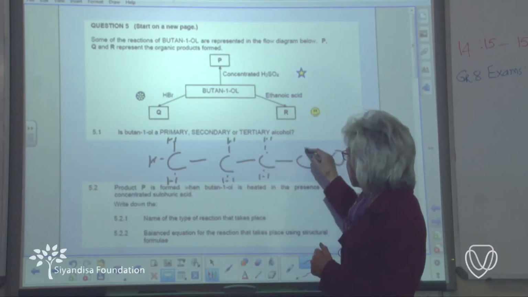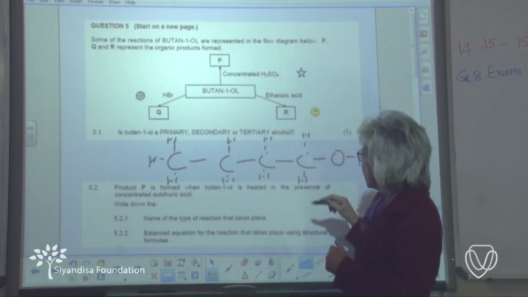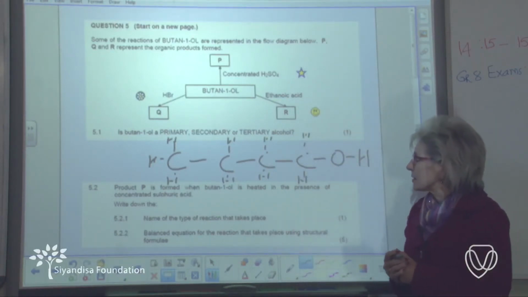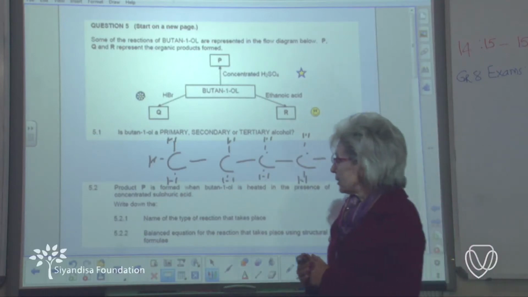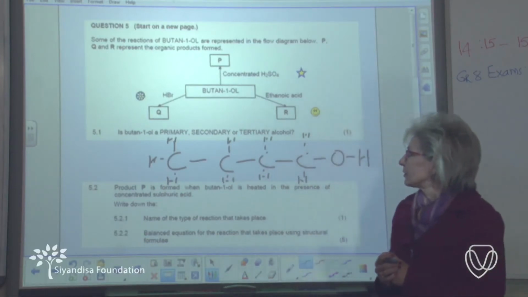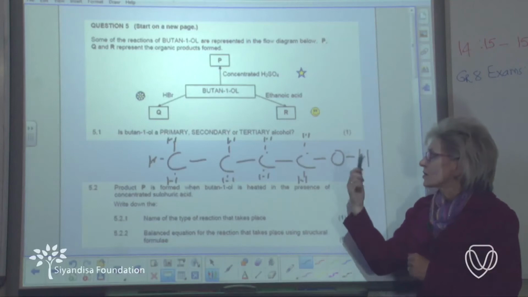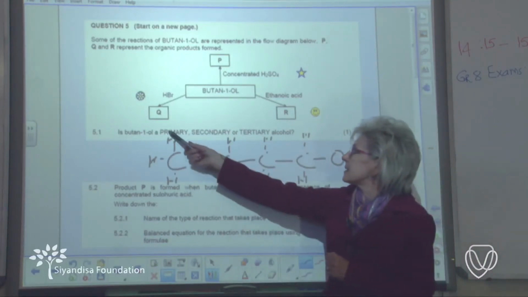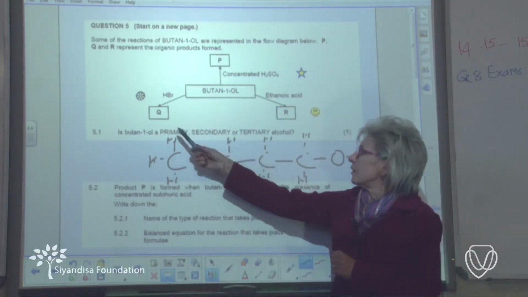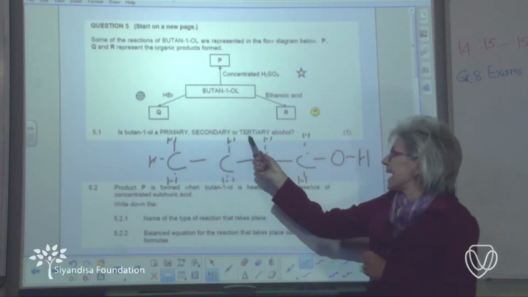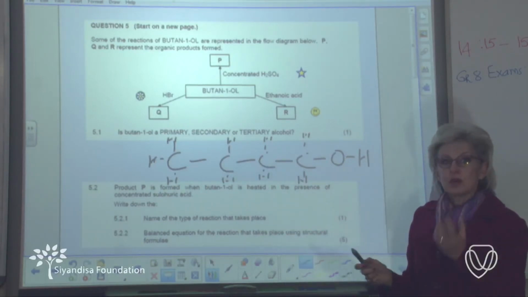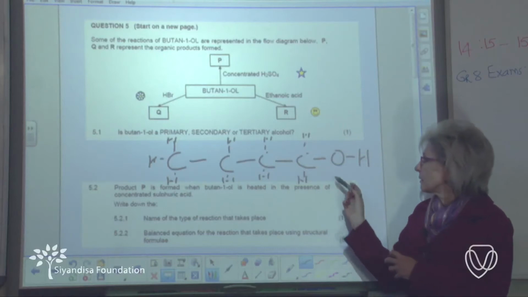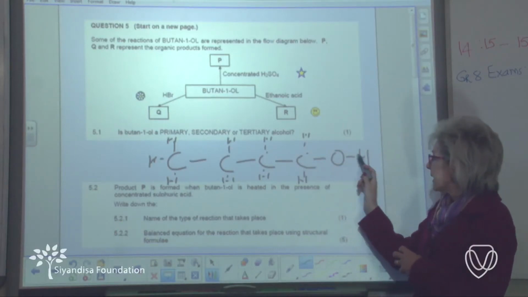So this was not asked, but in looking at this, it's maybe easier to answer the questions. So first question, is butane 1-ol a primary, secondary, or tertiary alcohol? So now you also know the answer to that, because these terms refer to the number of carbon atoms attached to the carbon atom that contains the hydroxyl. So this carbon contains the hydroxyl.